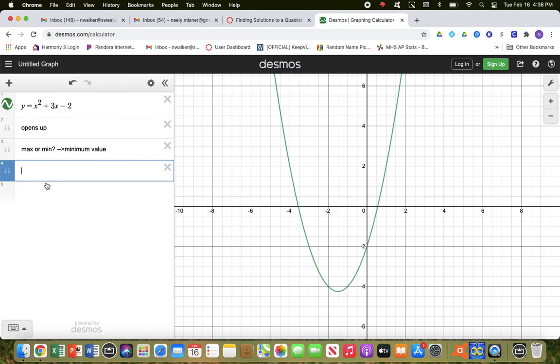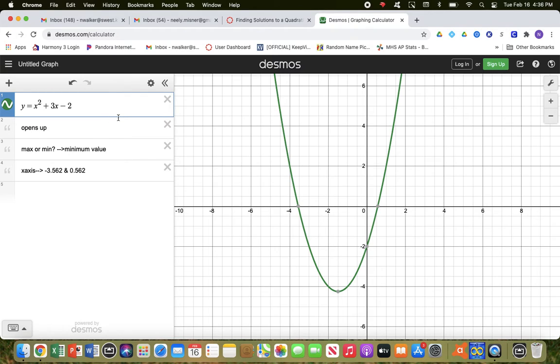All right, my x-axis points are negative 3.562, and this one over here, 0.562. So it crosses twice, once at the negative and once at the positive, and you're just looking right at the x-axis and you're looking at the x coordinate of those points. So those are the 3 things I might ask you about an equation today.